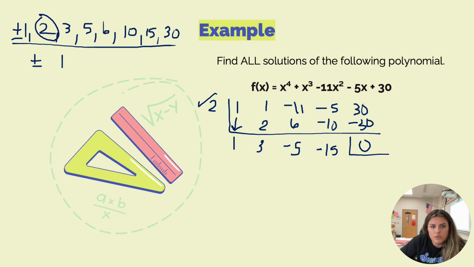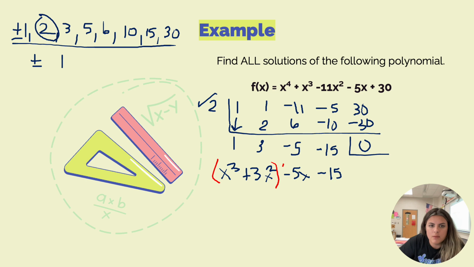From here, we can rewrite this polynomial. So I end up with x cubed plus 3x squared minus 5x minus 15. We can go through here and we can factor. It is really easy to factor by grouping here.